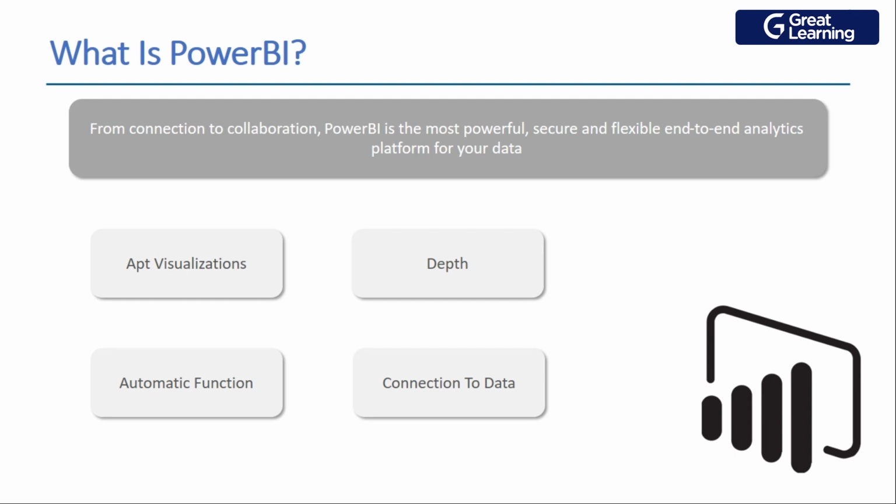Power BI is a tool which lets you control quite a few things, be it from connection to collaboration. Power BI is the most powerful, secure, and flexible end-to-end analytics platform for your data. When you say an end-to-end platform, it means right from data sourcing to the end process where you generate reports out of it.